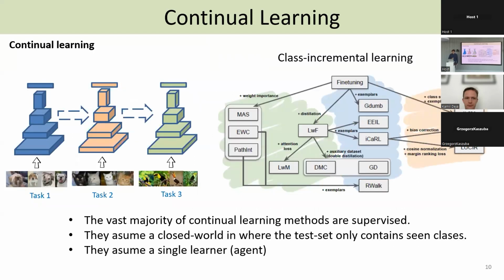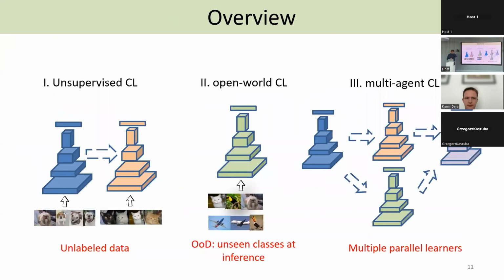So today I want to go into three directions actually, but the majority is on the first point. The vast majority of continual learning methods are supervised. So can we go to more label-efficient methods, which are maybe unsupervised or partially supervised? We assume a closed world, so at evaluation time, we evaluate with the classes we have seen during training. It can be moved towards open world continual learning.